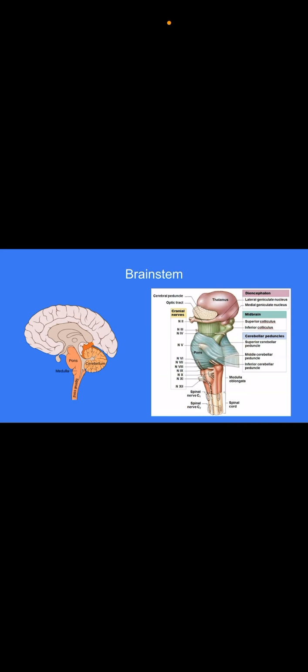SLPs use cranial nerve exams, bedside swallow evaluations, and instrumental assessments such as the FEES or the VFSS to localize and characterize those lesions and deficits. SLPs diagnose motor speech disorders, assess swallowing safety, and collaborate with neurologists and rehab teams to be able to diagnose things in the brainstem area.